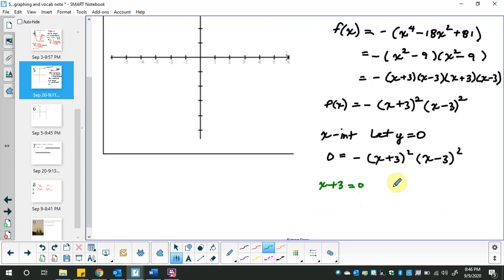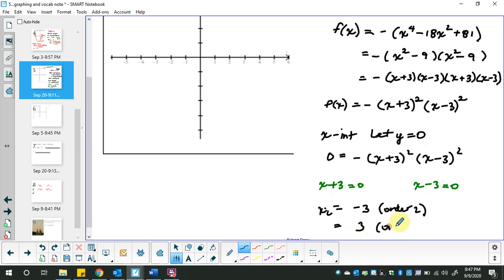Now, you also have to keep track of things, which is why showing all your work is a very good thing. So you get -3 and you get +3 as your roots, or x-intercepts, or zeros. This one is in order 2, because it happened twice.